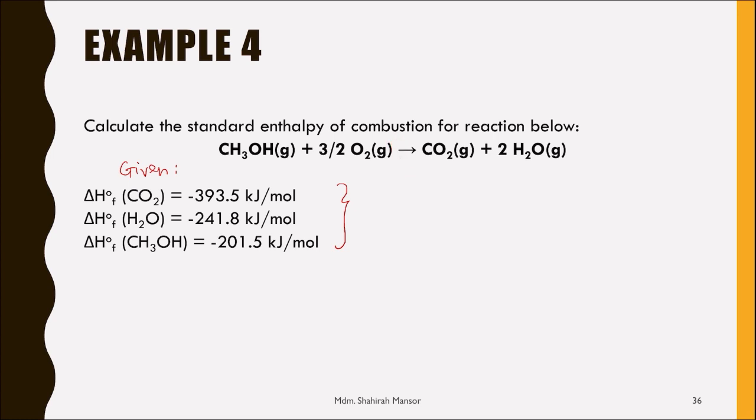So what is the difference between this question and the previous one? In the previous question, if you still remember, you were needed to find standard enthalpy of reaction, meaning that we didn't know the specific reaction you were going to calculate. You were given a random reaction and needed to find the standard enthalpy of that reaction.